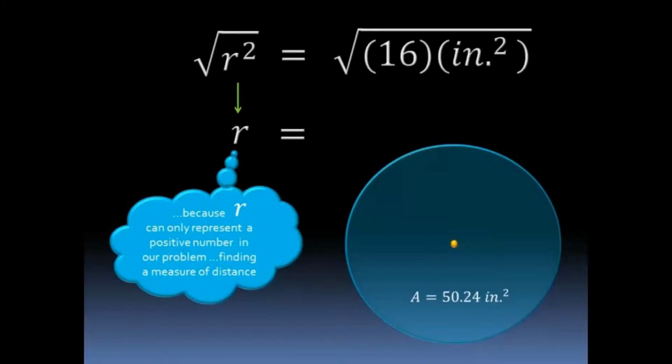is equal to the square root of 16 inches squared. The square root of 16 is 4. The square root of inches squared is inches. So we can replace the square root of 16 inches squared with 4 inches. And we have found the radius of our circle. It is 4 inches.